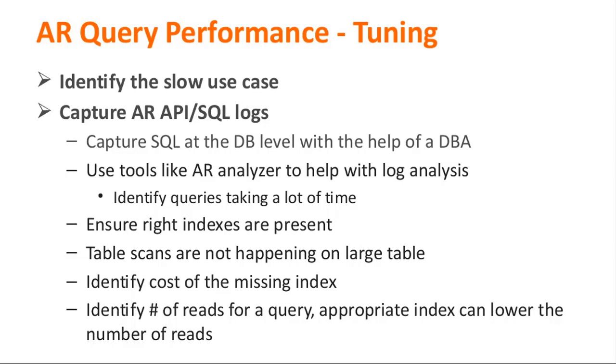Identify how many reads it's doing to complete the query. Understanding that is important, because once you add the index, you need to rerun to make sure the cost is actually going down and the number of reads are going down, because if those are not improving, then adding the index is really not useful.